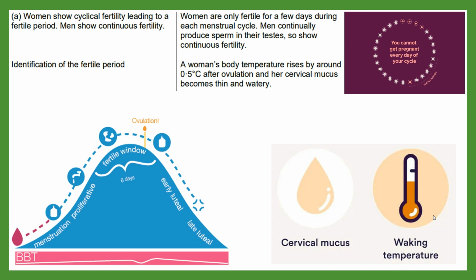Either there's continuous fertility for the male reproductive system, so a continuous production of sperm due to that negative feedback control of the testosterone, whereas females exhibit a cyclical fertility in which there are only a few days each menstrual cycle where fertilisation is even possible due to the release of the ova along the oviduct.